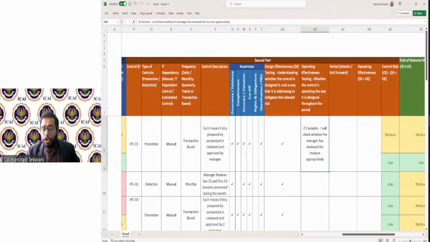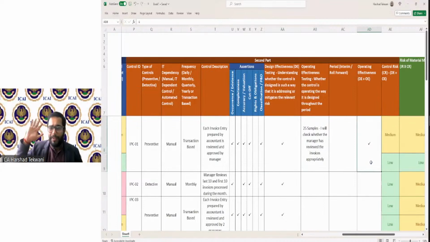So I may perform inquiry, observation, and inspection of that particular sample that I have picked up, and on the basis of that, I can say whether the manager is reviewing or not. Let's say, for example, after testing 25 samples, I identified yes, the manager is reviewing. Everything is passing. The manager is reviewing appropriately. I'll say the control is operating effectively, perfectly.